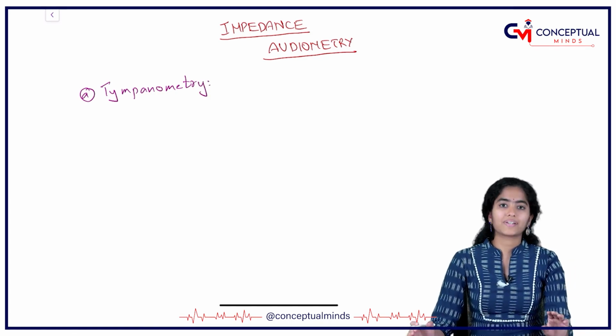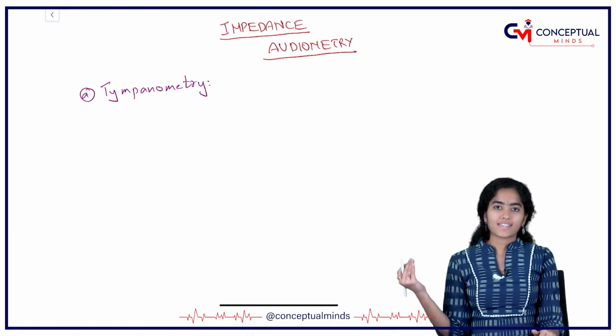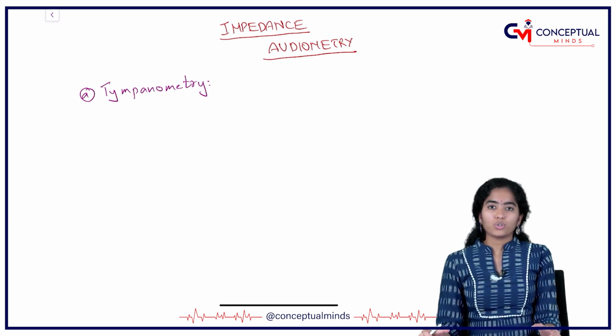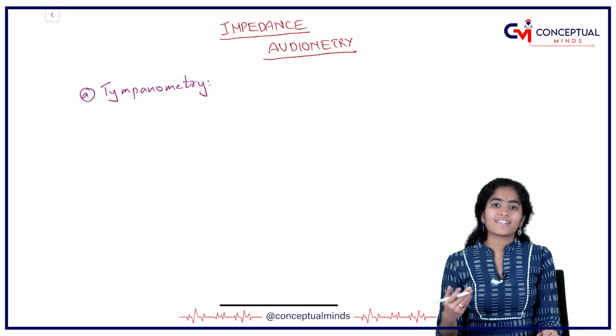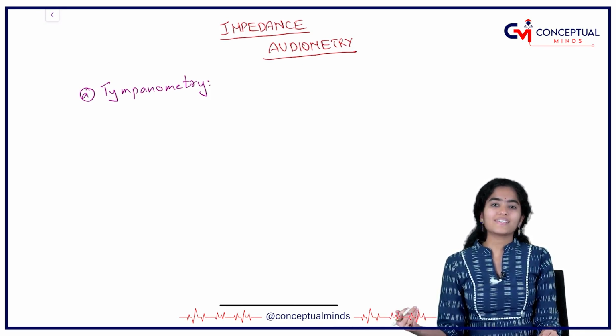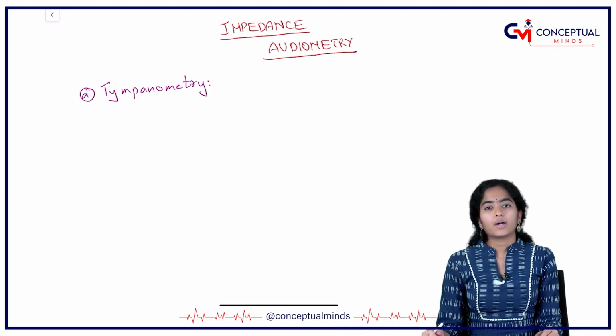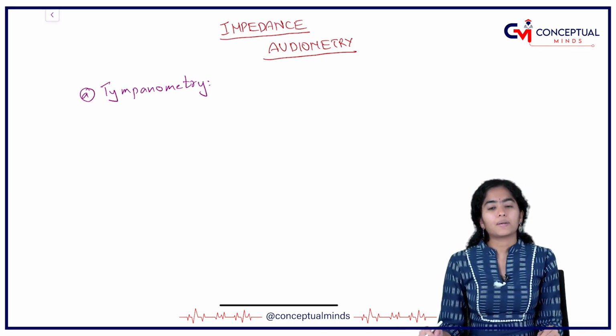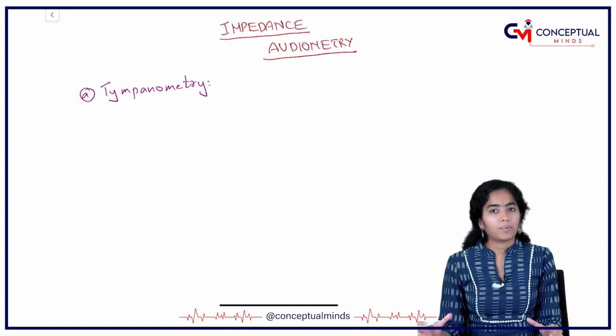It is based on the principle that when sound strikes the tympanic membrane, some amount of sound energy is reflected back and some amount of sound energy is absorbed. Now, how much is reflected and how much is absorbed depends upon the state of tympanic membrane.